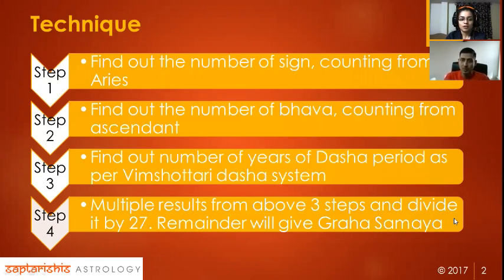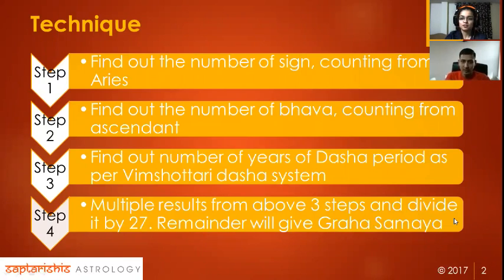Any significance of 27? If the number is divisible by 27, the remainder is going to be 0, and when it is 0, you take that Grah Samaya as 27.